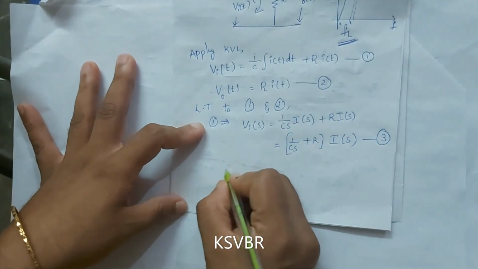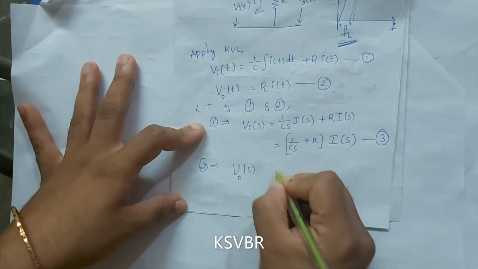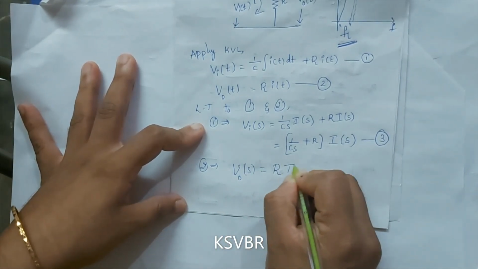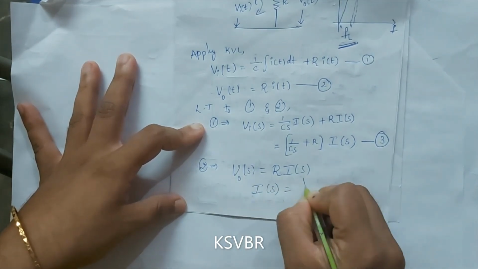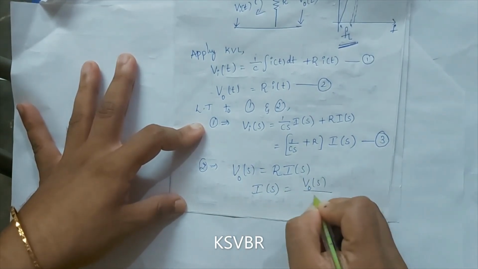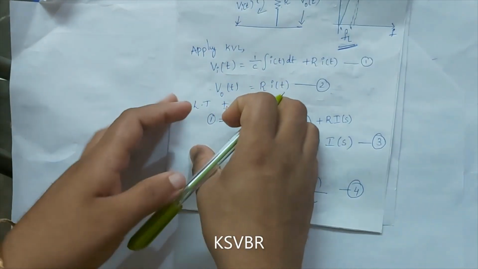Next, for equation 2, this will be V naught of S is equal to R into I of S. What is I of S? V naught of S by R. Treat this as equation 4.